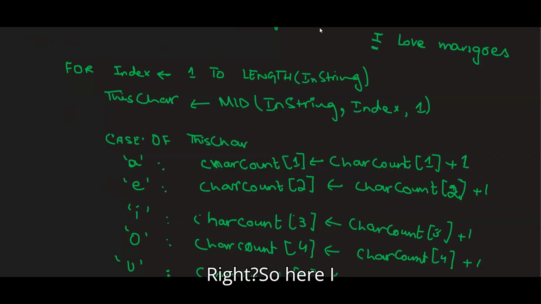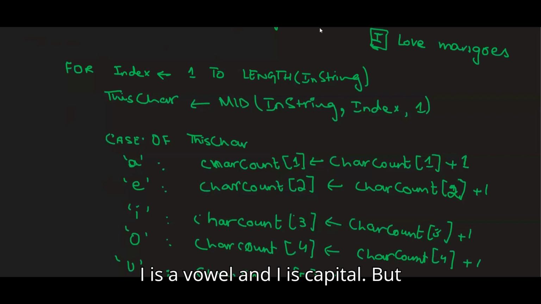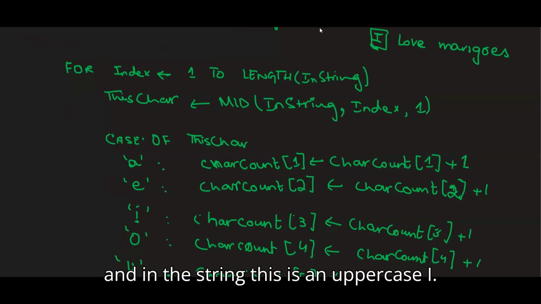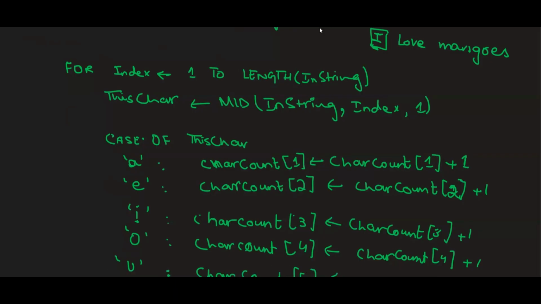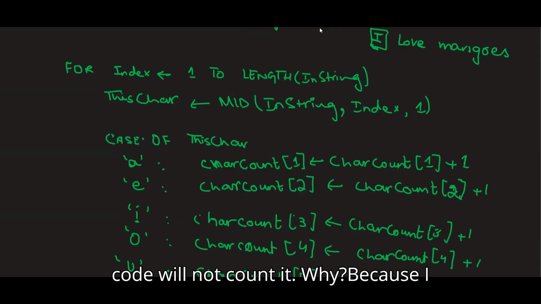So here I is capital. I is a vowel and I is capital. But here I am checking for a lowercase i, and in the string, this is an uppercase I. So even if I exist, this code will not count it.